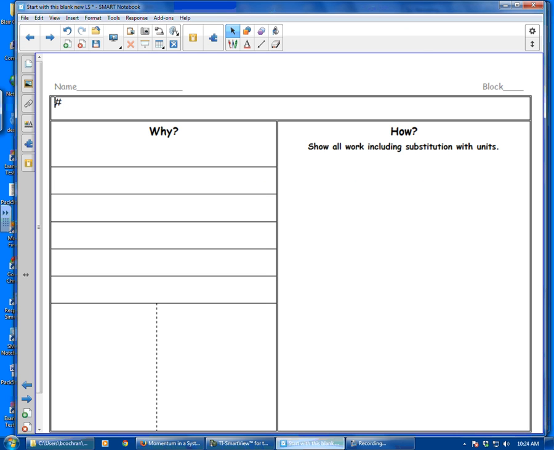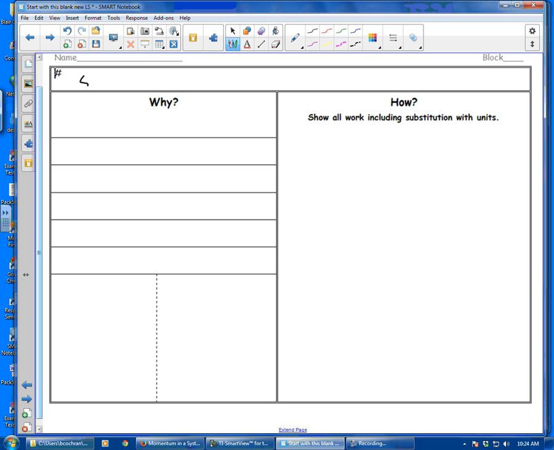So in my why here for number 5, let's see. I'm going to have my good old standbys. Momentum is conserved. Ice skaters are the system.